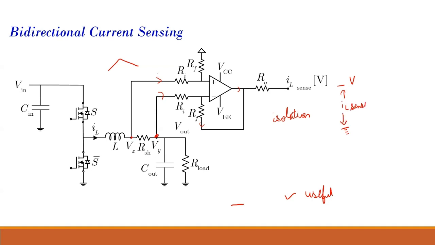And my signal, which is flowing IL, is also with respect to this ground. But if you see a transformer, this is my V1, this is my V2, this is my ground 1, this is my ground 2. They are separated, they are isolated from each other. That is not there in this circuit.